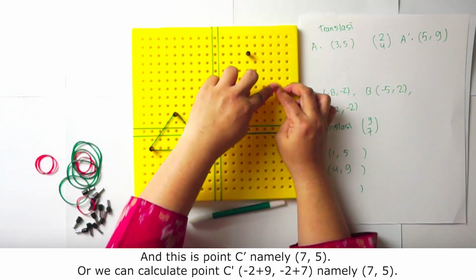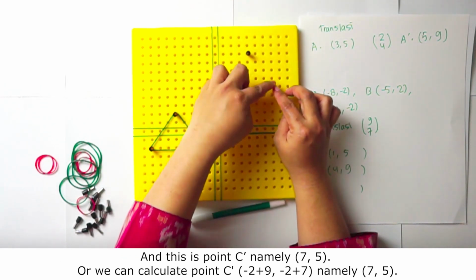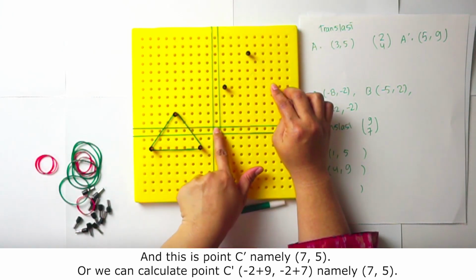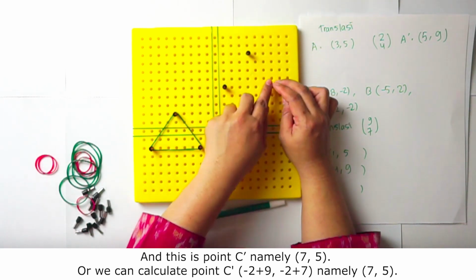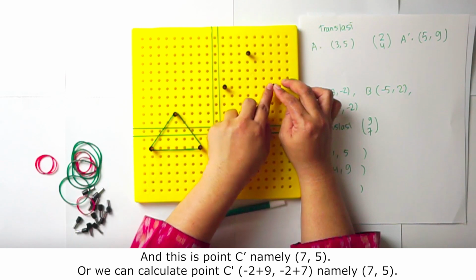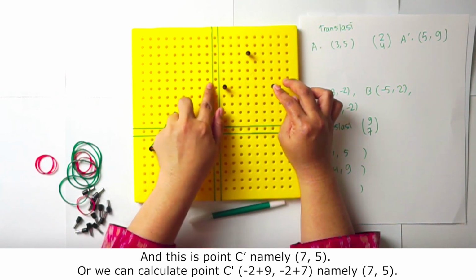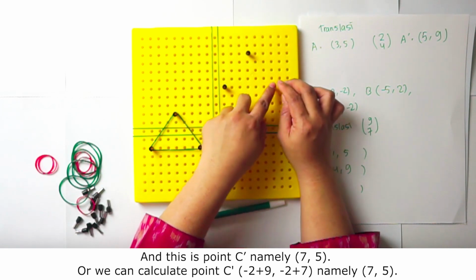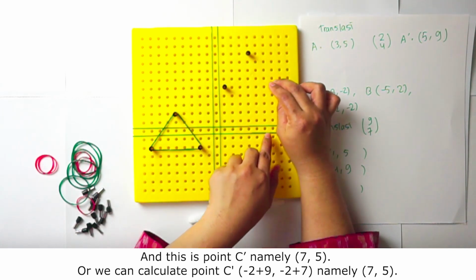And this is point C prime, namely 7, 5. Or we can calculate negative 2 plus 9, negative 2 plus 7, namely 7, 5. Now we can count first to the left, or count from the point here. Let's count the y value first.